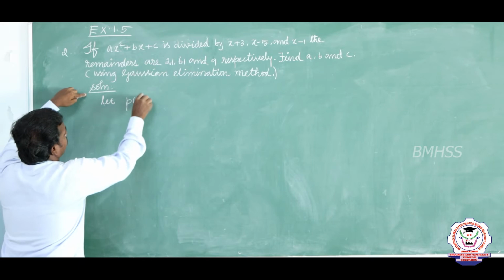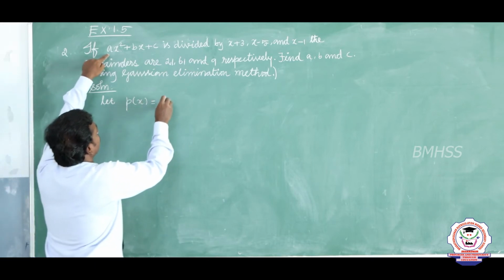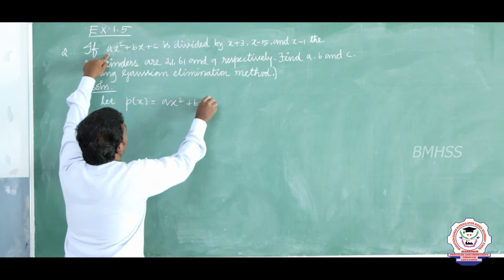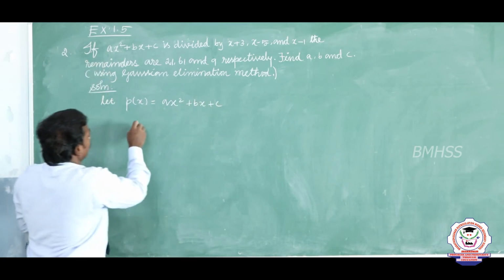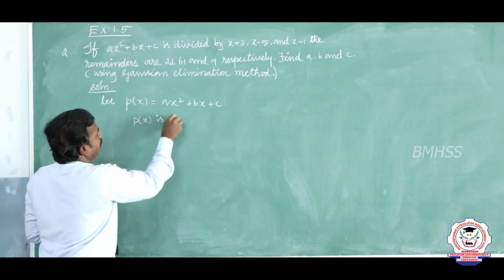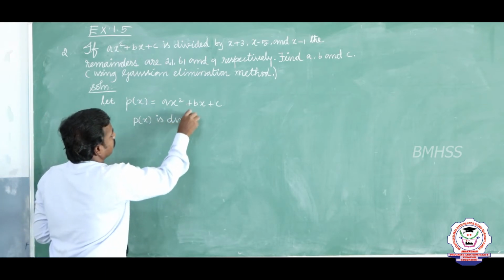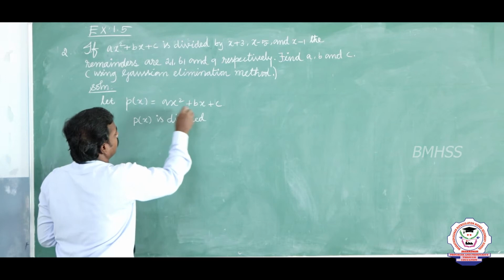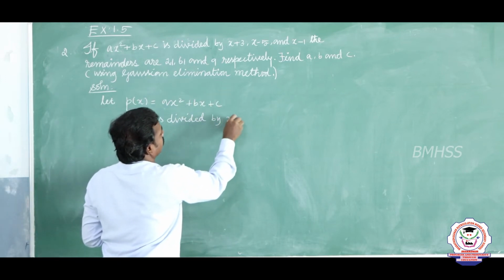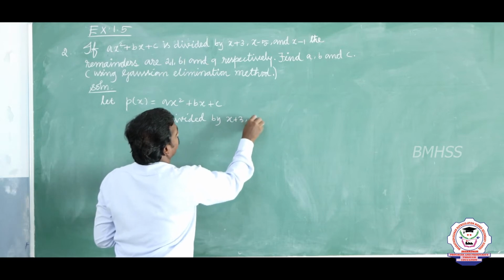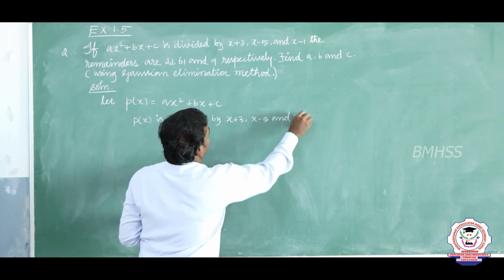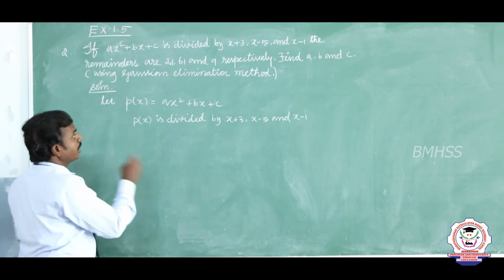p of x be equal to the given equation, ax square plus bx plus c. From this, p of x is divided by x plus 3, x minus 5 and x minus 1, and the remainders are also given.